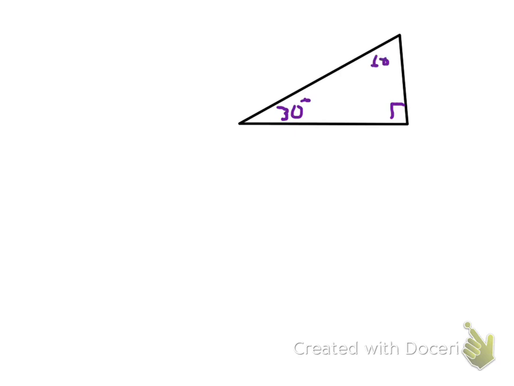Here's my 60-degree angle. And one of our triangle facts from early in the class, what are the side lengths of a 30, 60, 90 triangle? They are always in this ratio, right? 1, square root of 3, and 2. All right? So now let's do 30 degrees.